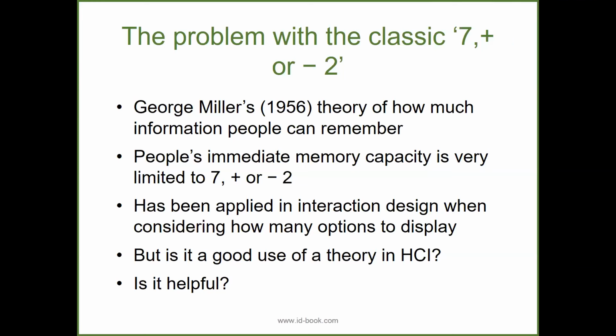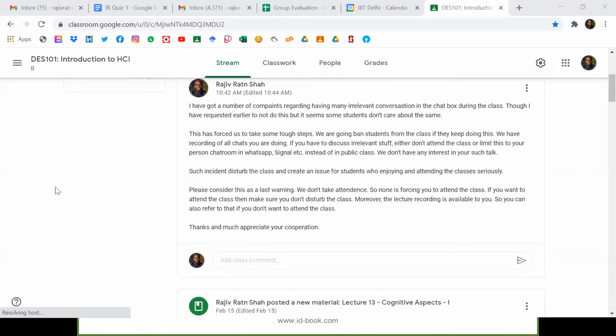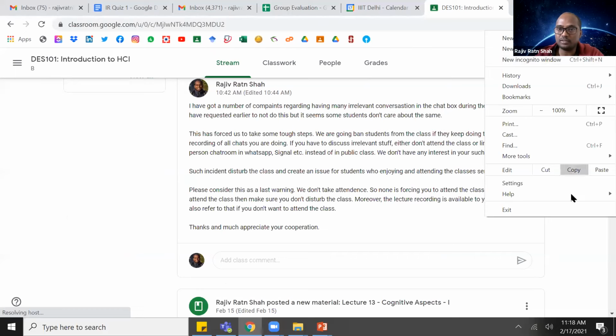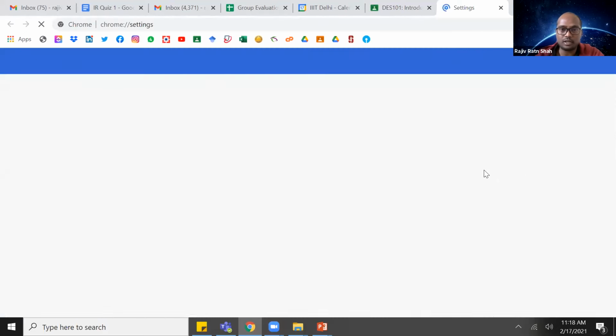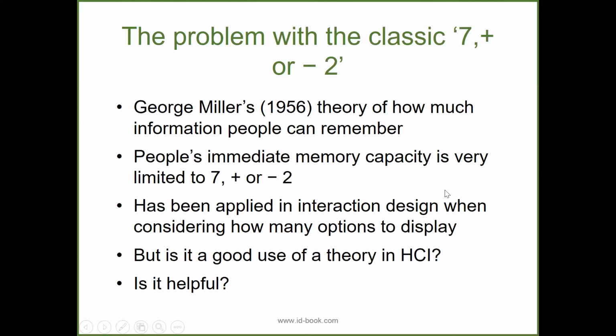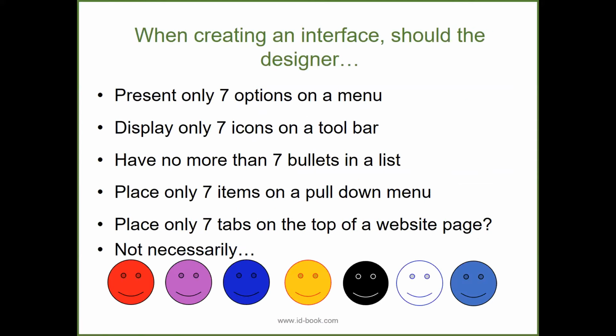So, let me try something. That's the smart remote. For example, if I go to settings, can I just see 7 options here? 7 plus minus 2? No, sir. Only the basic options are shown at the starting, the main options which are frequently used, and all the sub-settings are under that.